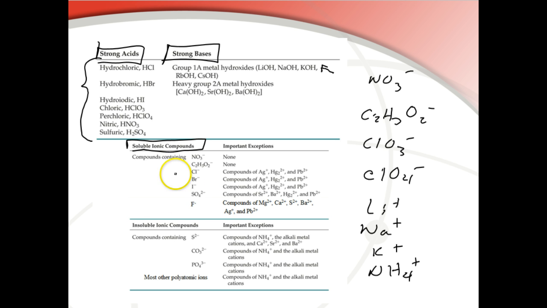Sulfates are also mostly soluble, except for strontium, calcium, barium, lead, and mercury. Fluorine has much the same as far as the different insoluble compounds, except for magnesium, sulfur, and silver is added in there. These compounds down here are usually not soluble.